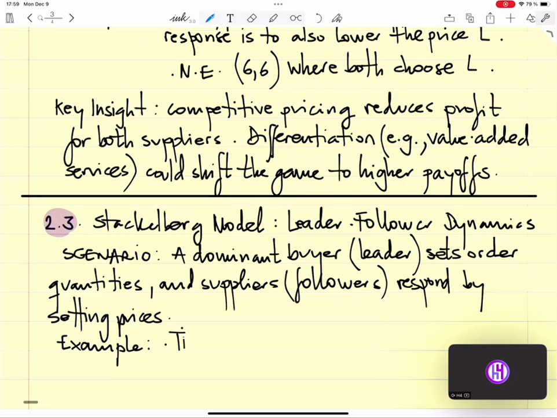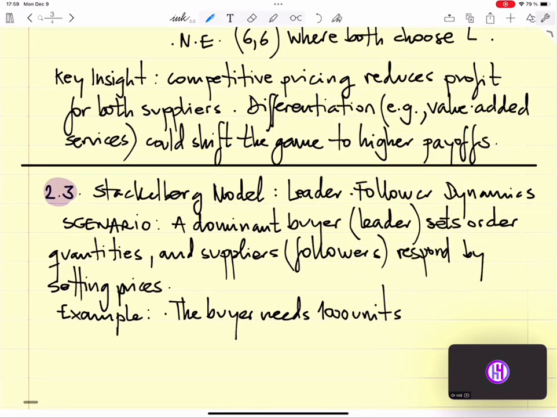The buyer needs, let's say, 1,000 units. And sets a max price of 50 euro per unit.